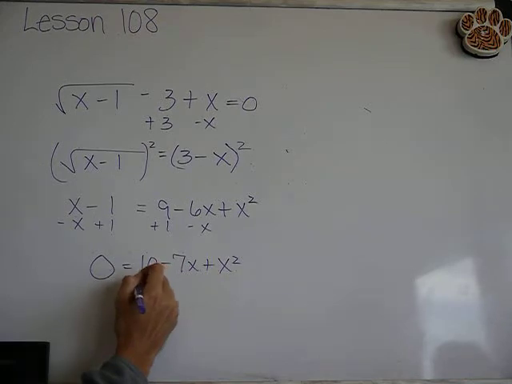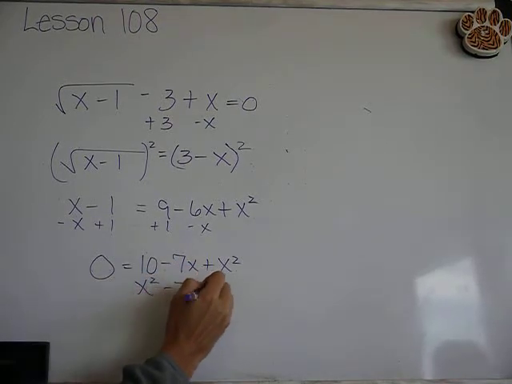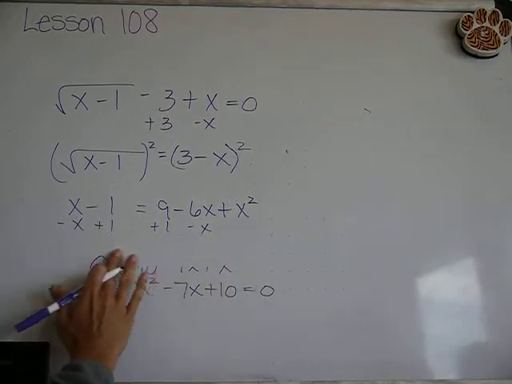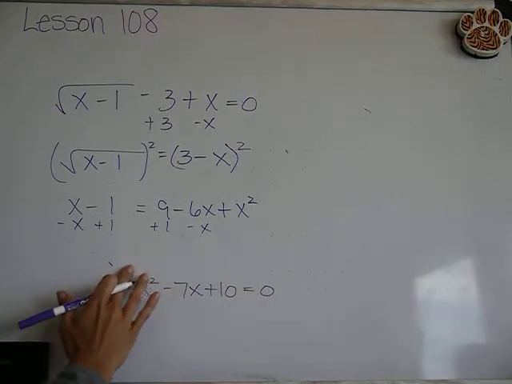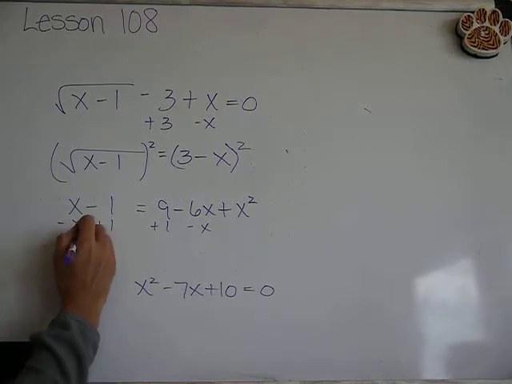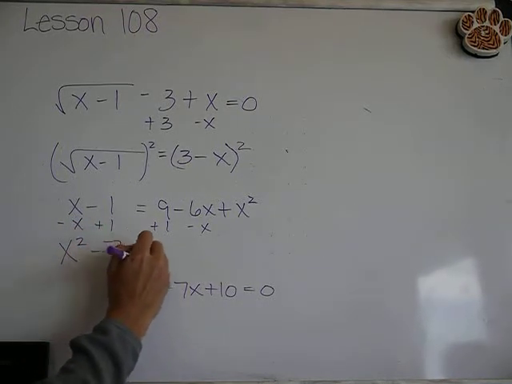In fact, I'm going to write it this way. X squared minus 7x plus 10 equals 0. If you guys don't know how I got to this line, back up and look. Because there's been a lot of chatter, so I'm not sure if you get where I got to there. In fact, I'm going to write it bigger right here because we're going to do something with it.